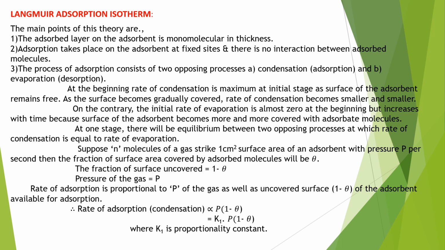Second point, adsorption takes place on the surface of the adsorbent at fixed sites and there would be no interaction between the adsorbed molecules. And the third point, in this adsorption, there are two opposite processes called condensation and evaporation, or adsorption and desorption.